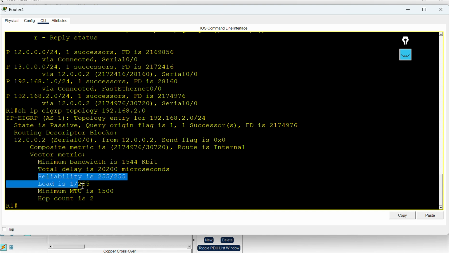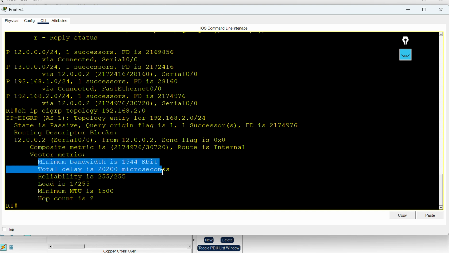EIGRP does not consider this. See here, it is also showing hop counts. From R1 to reach the 192.168.2.0 network, there are 2 hops, but it is not considered in the metric calculation. It supports 100 hops by default, maximum 255. But it is not considered in the metric calculations. The composite metric is nothing but just these 2.